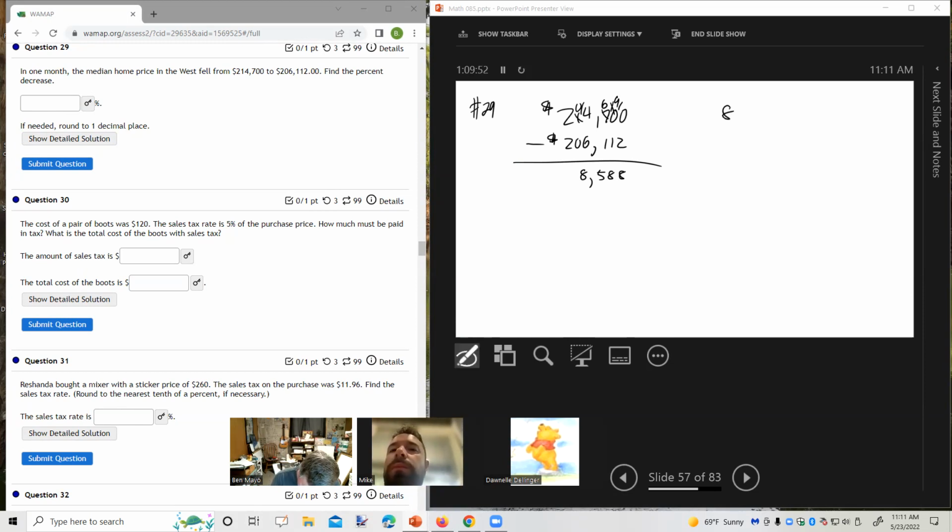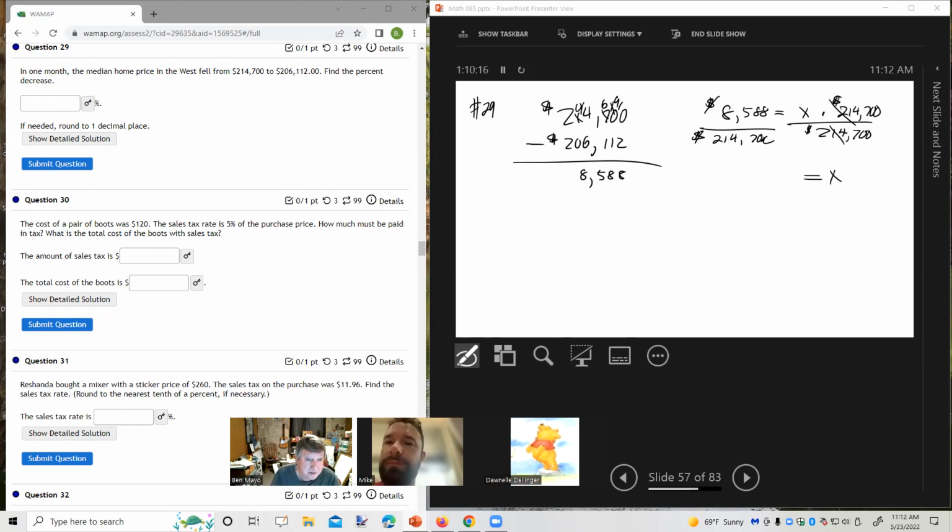So 8588 is what percent of the original amount, 214,700. So we'll divide both sides by 214,700. So on the right, I get X. On the left, I can get rid of the dollar signs. So I've got 8588 over 214,700.